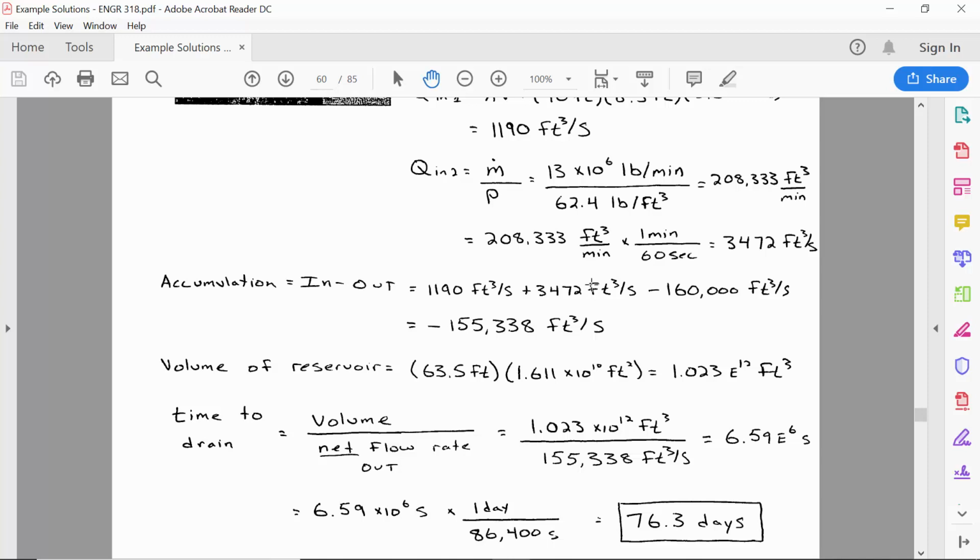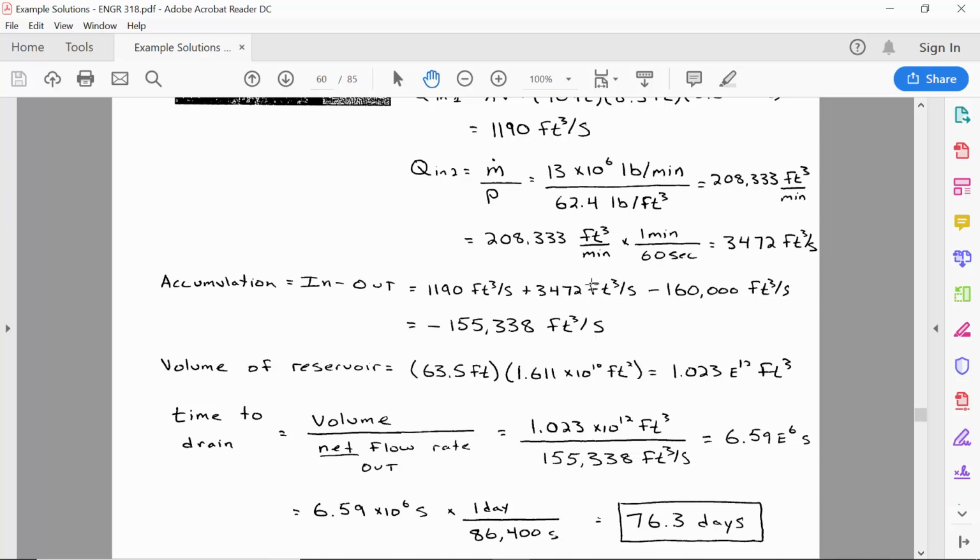So you can see what I said is the time to drain is the volume of the reservoir and then the net flow rate out. So 6.6 times 10 to the 6th seconds, which is, once we convert into days, it will be about 76.3 days.